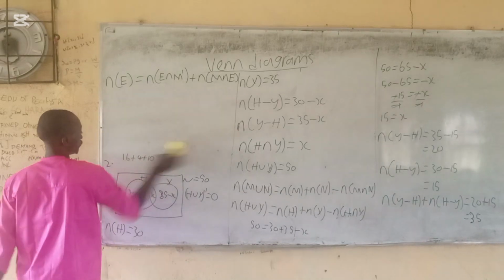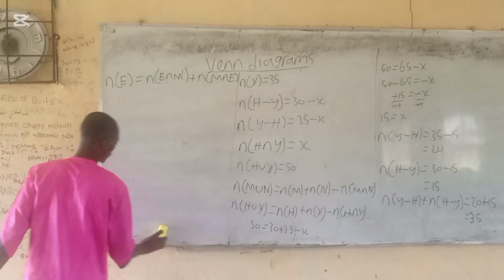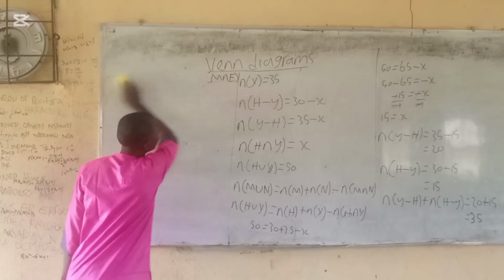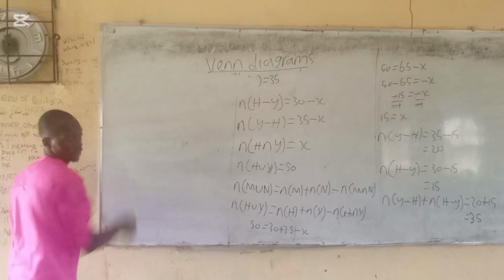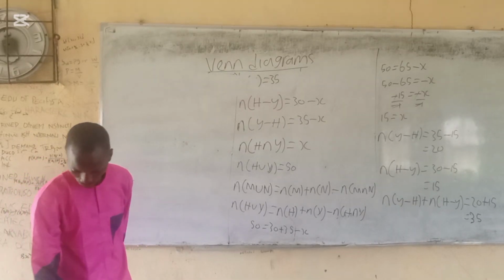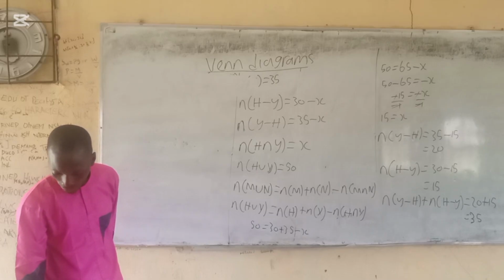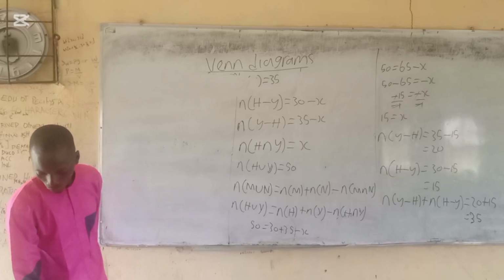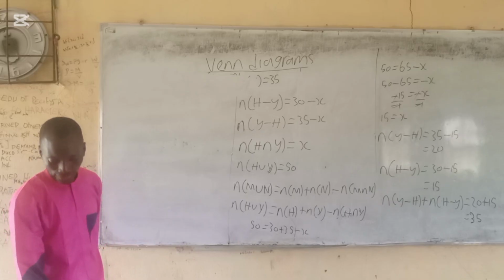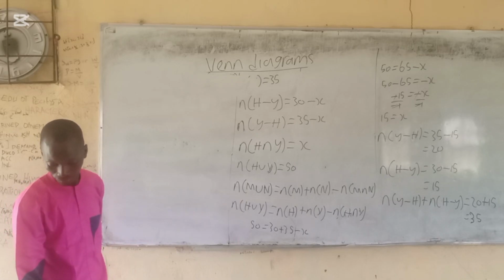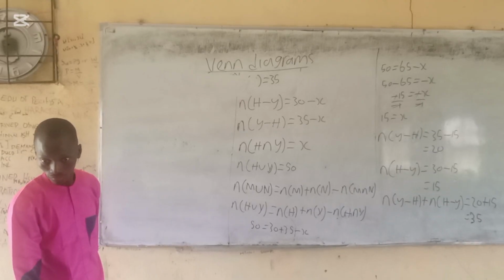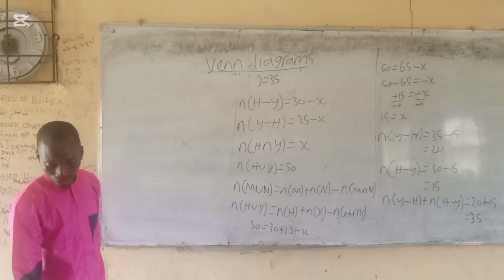And 120 as holders of higher national diploma. 65 were listed as both holders of university degree and higher national diploma.